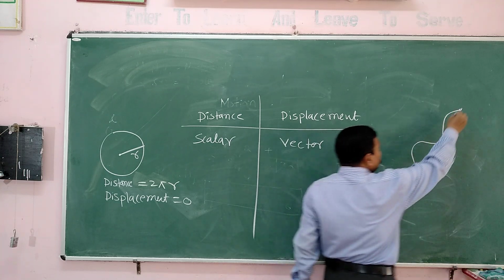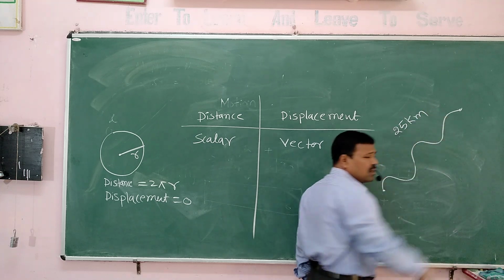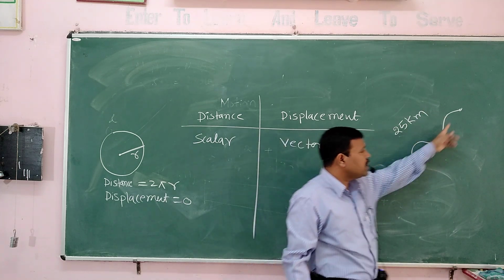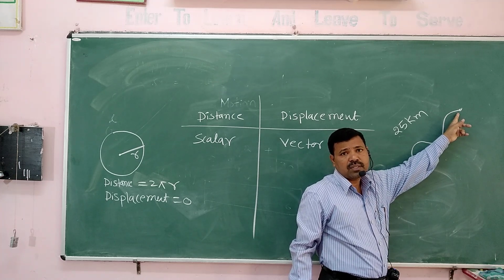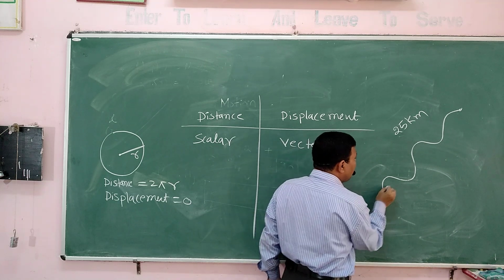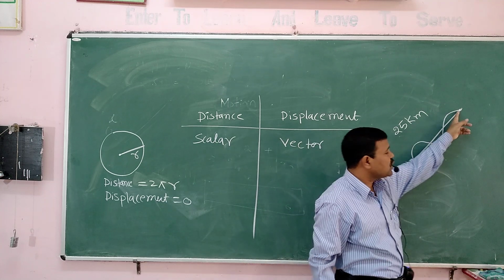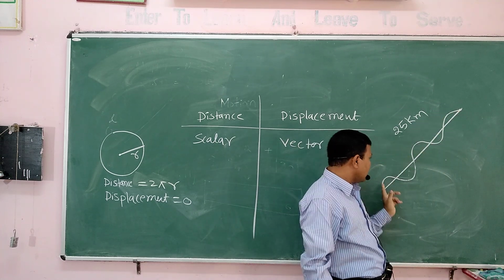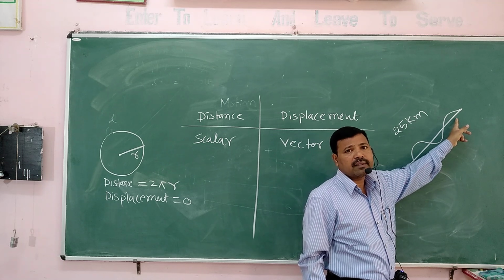From here to here, 25 kilometers. The 25 kilometers is the distance. And what is displacement? The shortest path. This shortest path, that straight line, gives displacement.